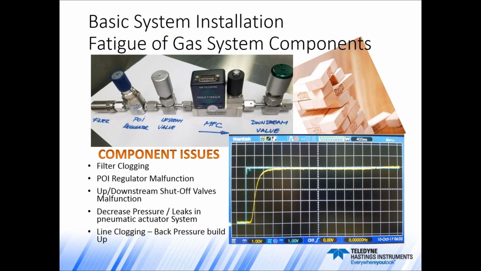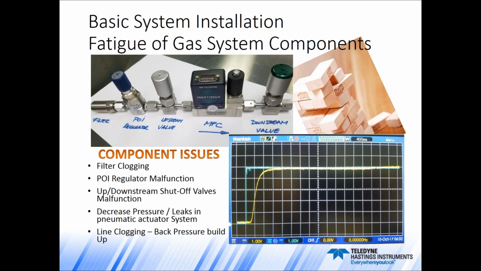Any malfunctioning in this group of components, filter clogging, point of use regulator malfunctioning, either one of the valves, upstream or downstream, malfunctioning, will affect the way in which the flow control will perform.